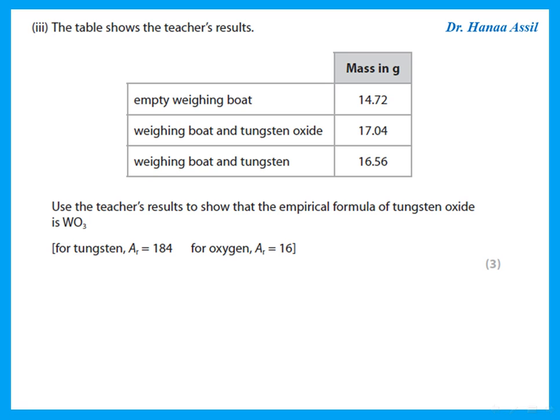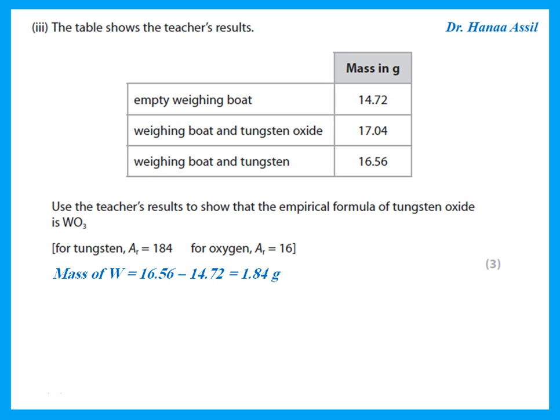The table shows the teacher's results. Use the teacher's results to show that the empirical formula of tungsten oxide is WO3. Okay, how do I get that the empirical formula is WO3? Well, we need the masses of the tungsten and the oxygen. So what is the mass of the tungsten? It is the difference between the weighing boat and the weighing boat and tungsten.